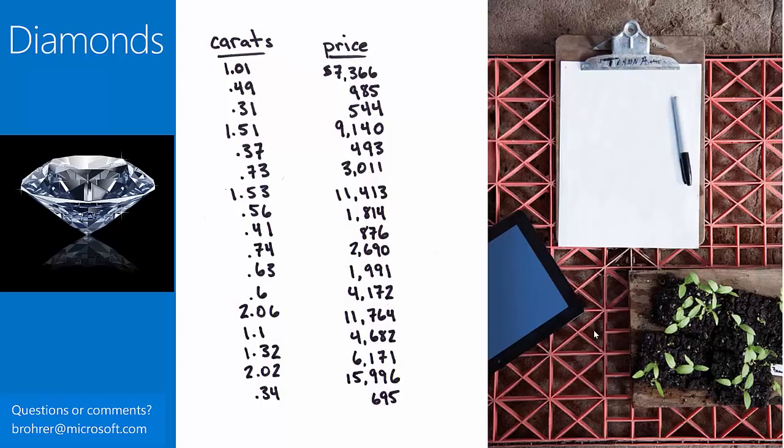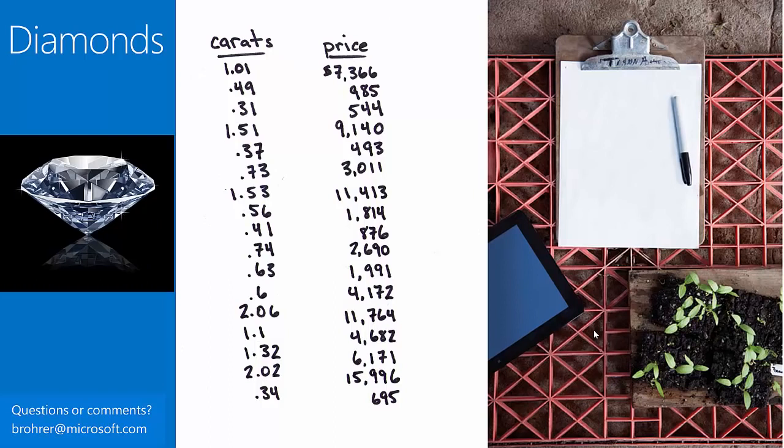So what I do is I go to the case and I look at all of the diamonds, and for each one, I note the weight and I note the price. The first one I find is 1.01 carats, and the price is $7,366. I note it, I move on, and I fill up a list of all of the diamonds in the case.